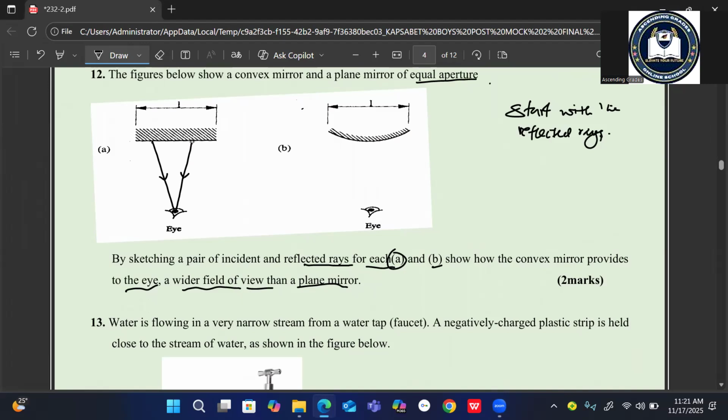Then from the laws of reflection, you're supposed to apply them so that you can get the incident rays like that. Ensure you show the direction.